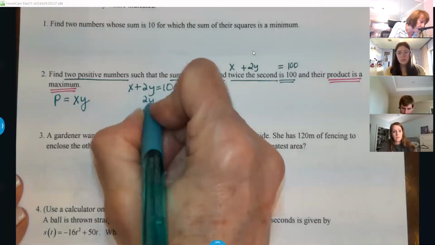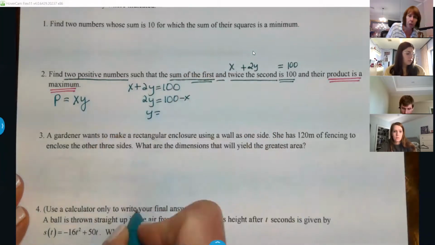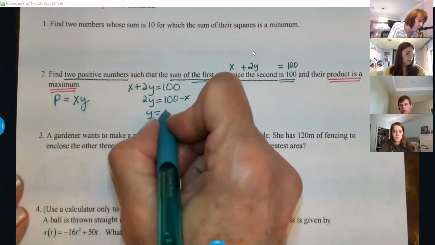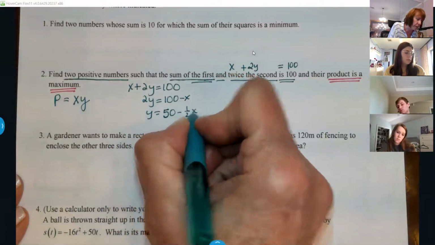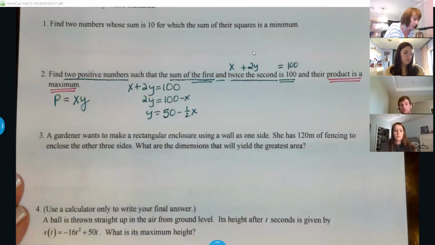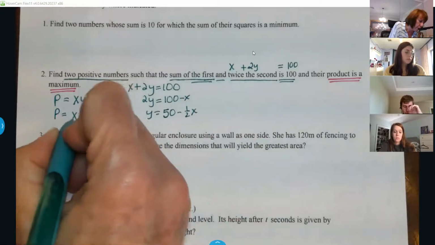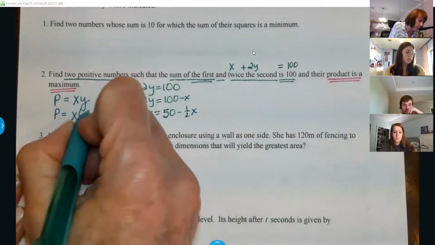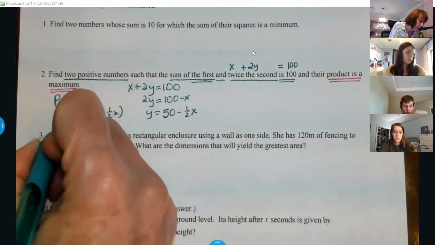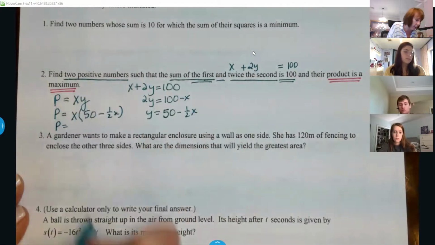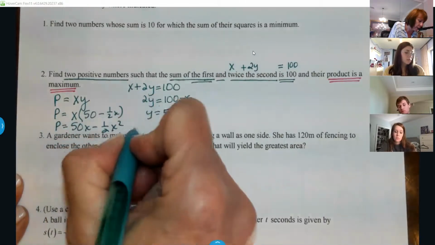So we're going to have 2y is equal to 100 minus x. So y, if we multiply both sides by a half, would be 50 minus 1/2 x. So over here in my product equation, P will equal x times 50 minus 1/2 x. Multiplying that out, I'll get 50x minus 1/2 x squared.